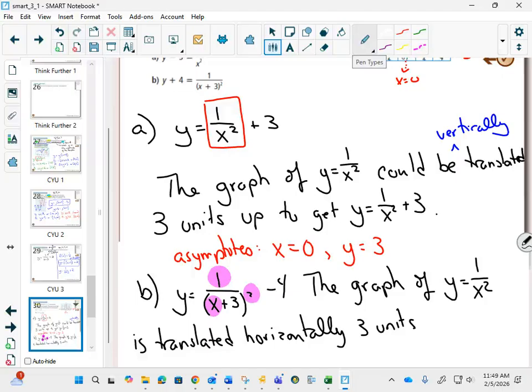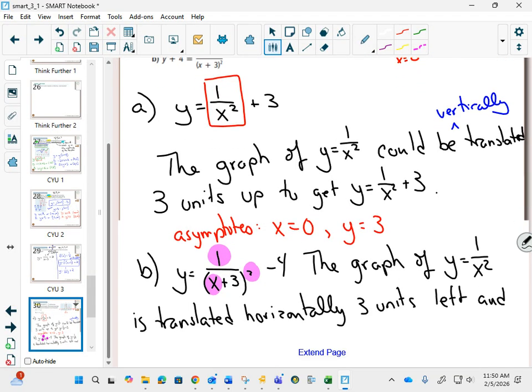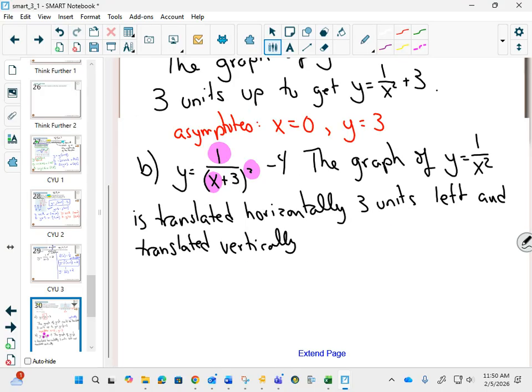All right, so the graph of y equals 1 over x squared is translated horizontally 3 units, x's are liars, left, and translated vertically 4 units down.